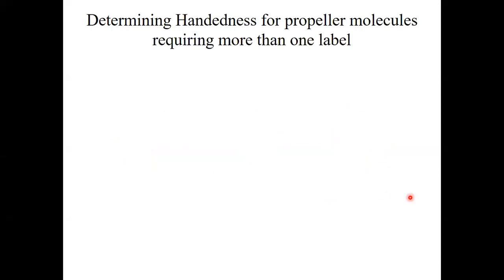So now when molecules have multiple rings, then it may be that more than one delta or lambda label may be needed in order to determine the complete configuration of the respective molecule. And I want to give you an example for that as well.